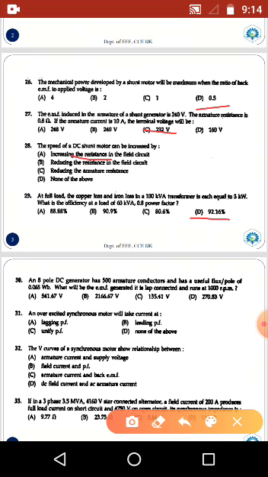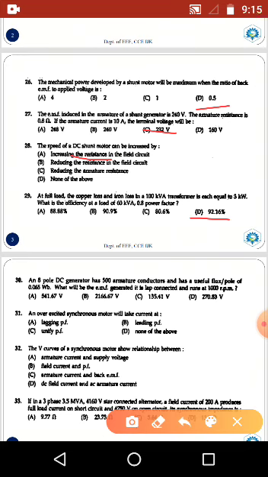Moving to 30th question. A 8 pole DC generator has 500 conductors. Useful flux per pole is 0.065 Weber. The EMF generated in lap winding is to be determined when the machine runs at a speed of 1000 rpm. The equation for EMF generated is flux into conductors into speed by 60 into number of poles by number of parallel path.